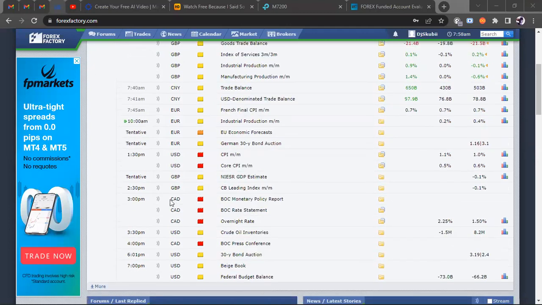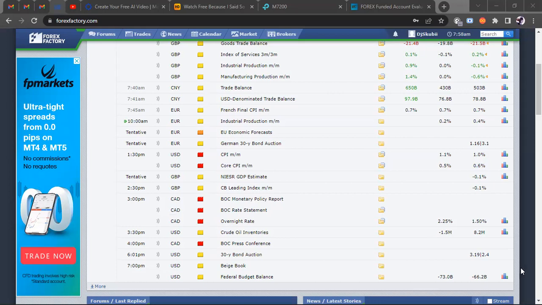And then by 3 p.m. we have monetary policy reports, that's Bank of Canada on CAD. And then we have like 3 high impact news on CAD by 3 p.m., and then 4 p.m. still have on CAD again.